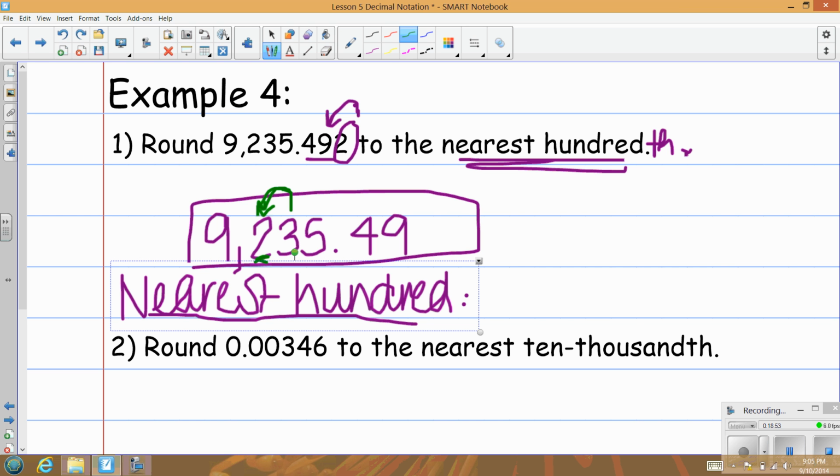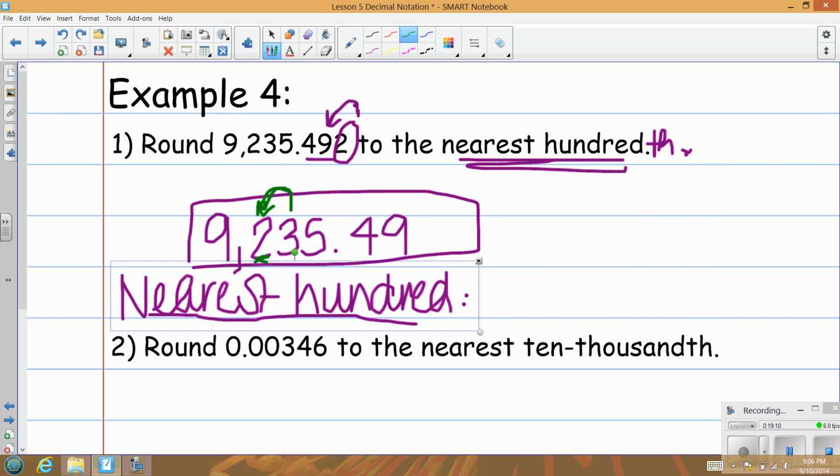It's a 3, so that means it's going to stay at 200. I don't have enough to say that it's going to go up to 300. So think of it as 250 or more, we round it to 300. Less than 250, it's just 200.